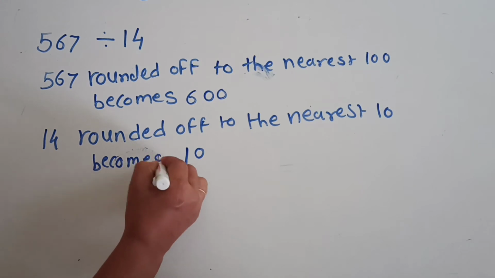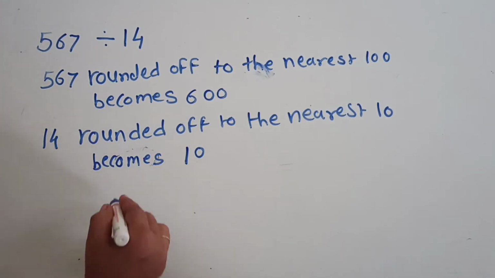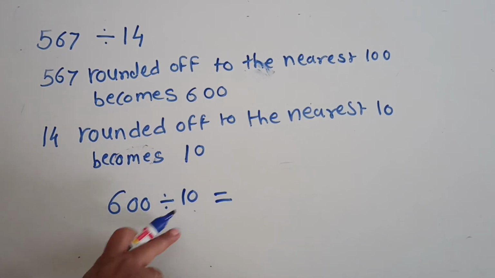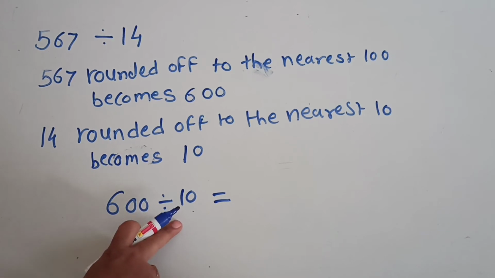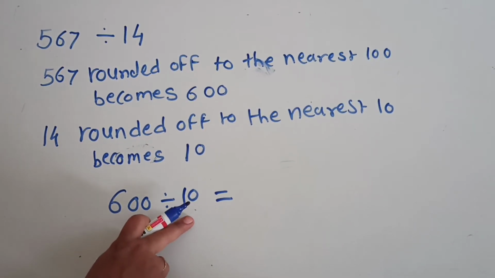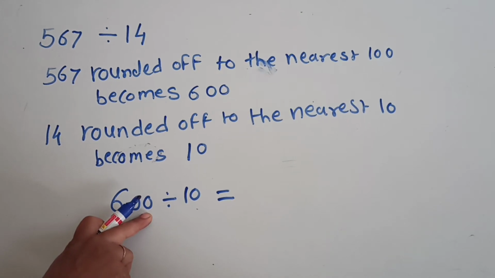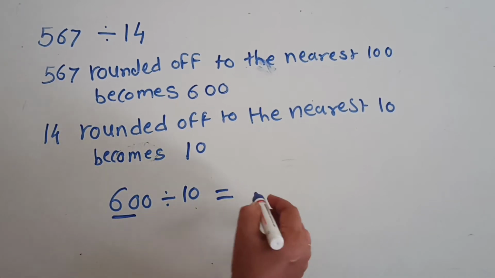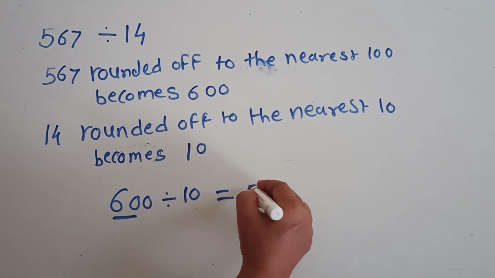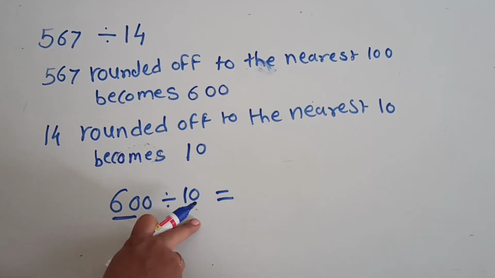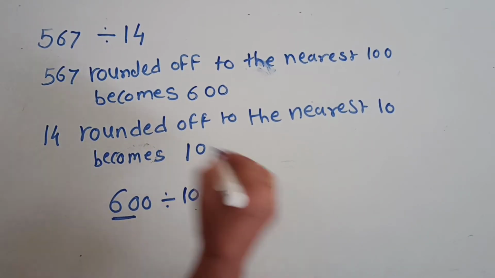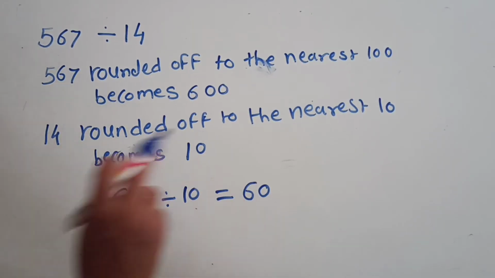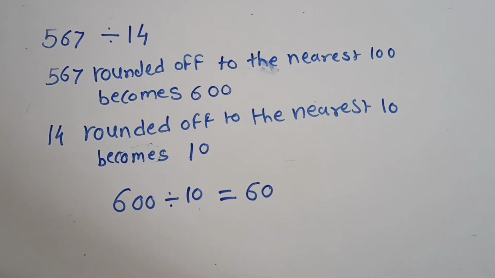Now 600 divided by 10. When we divide by 10, the ones place becomes the remainder and the other numbers are the quotient. So 600 divided by 10 is equal to 60. So 60 is our answer or quotient. Understand children?